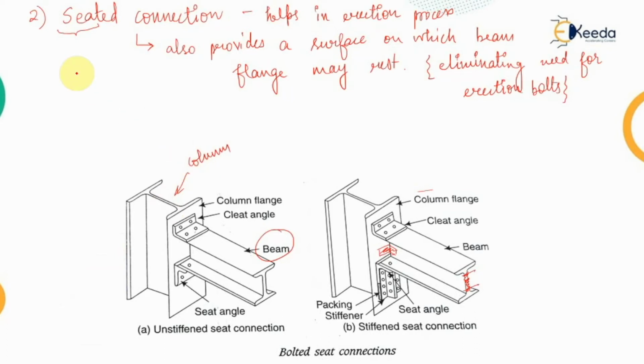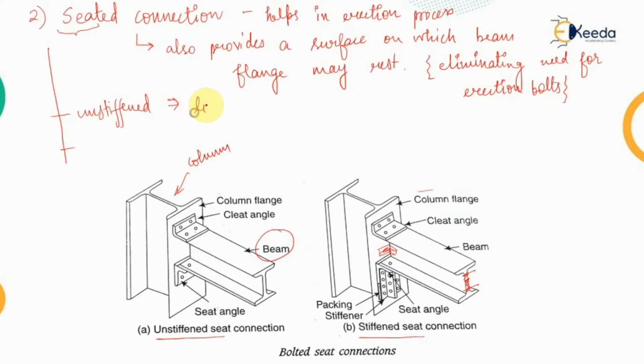Now the seated connection can further be of two types. One is the unstiffened seated connection, and the other one is the stiffened seated connection. As the name says, in the unstiffened type the connection will not be stiffened, which means it will carry a lower value of loads.